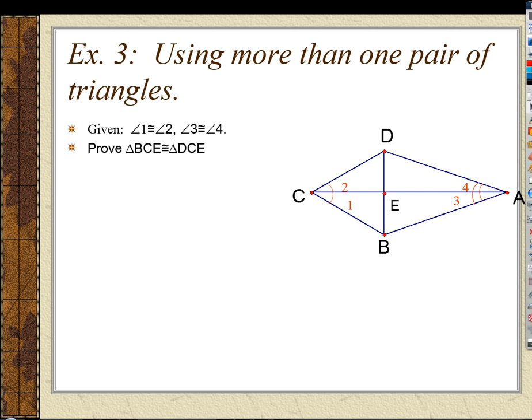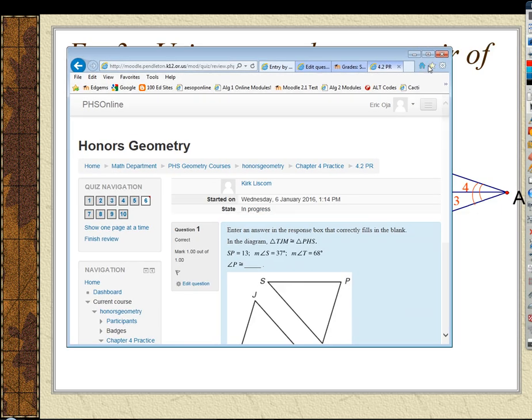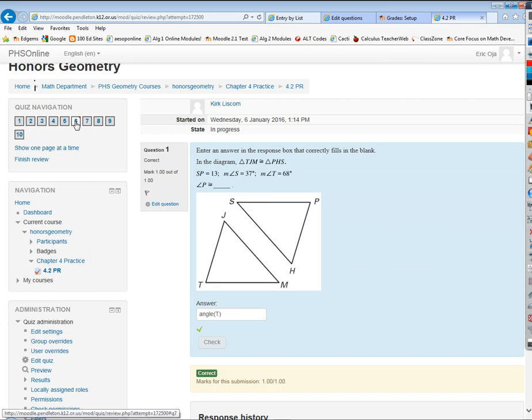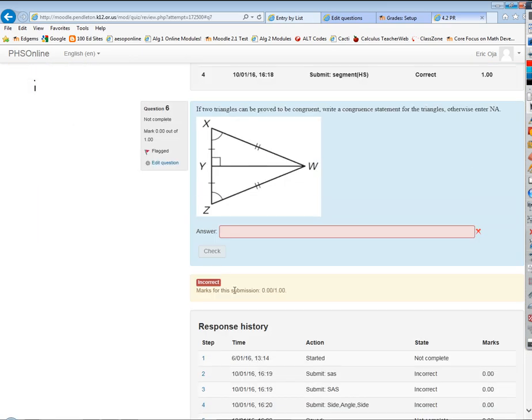Can I just pull yours up, Kirk? Yeah. Okay, that's the one right there.